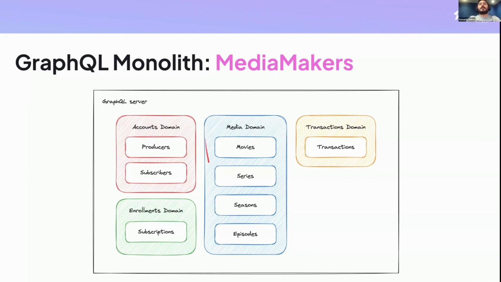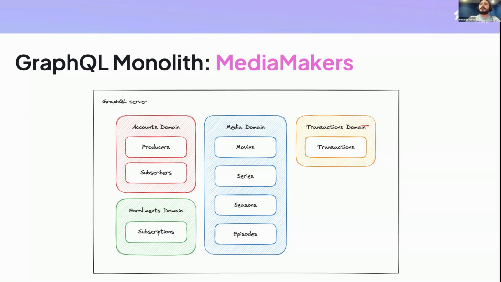So we identify these domains for our monolith example. We have an account domain that is in charge of the producers and the subscribers. We also have a media domain, which takes care of the movies, the series, the seasons, and the episodes.